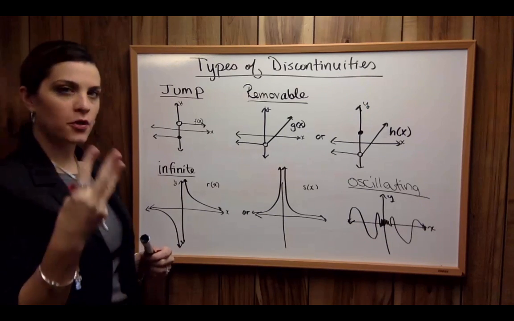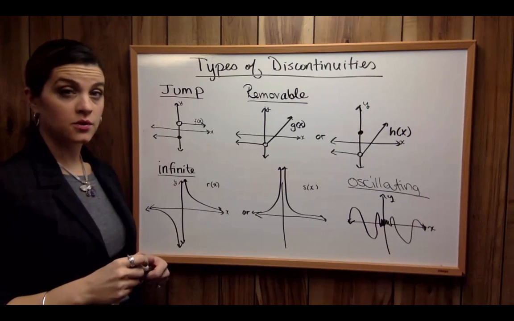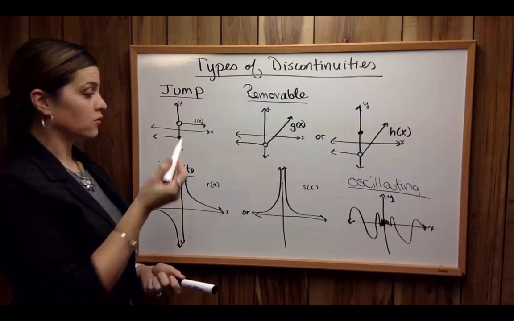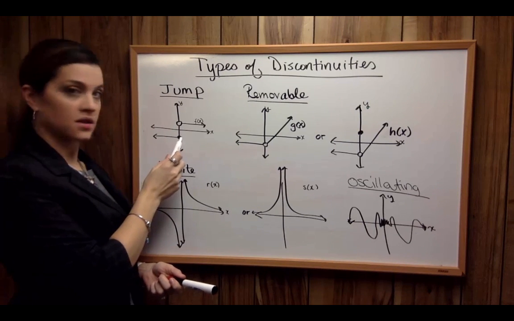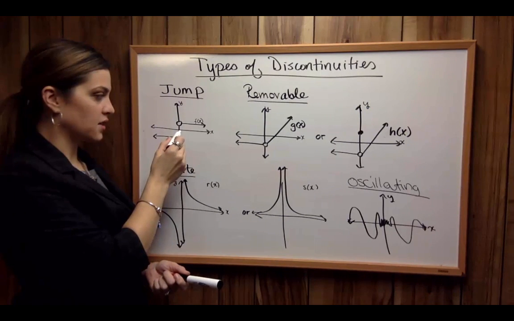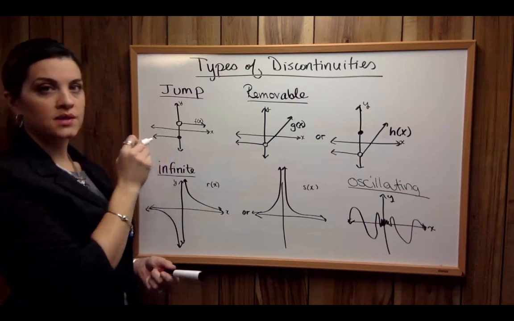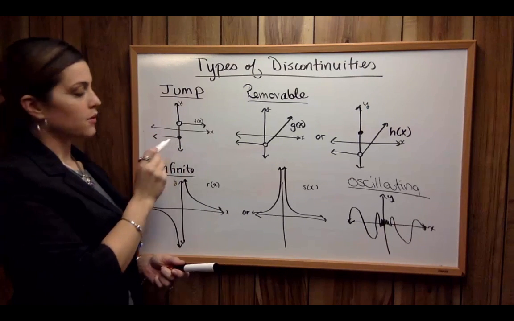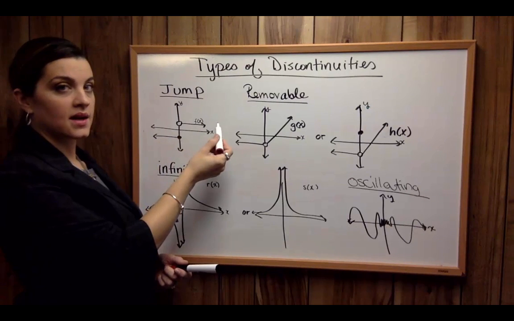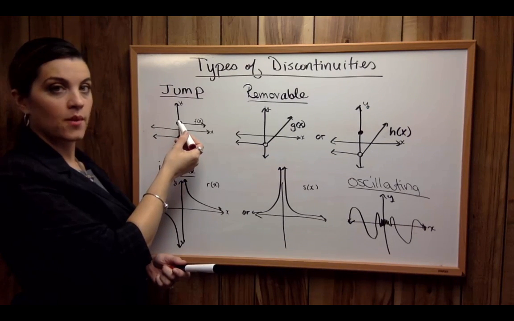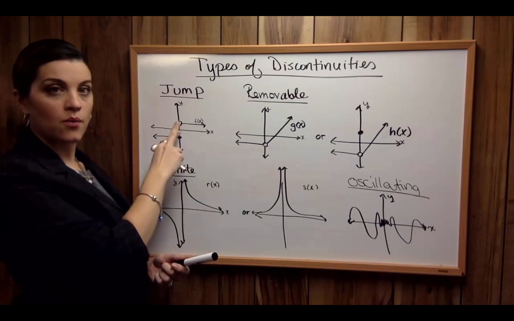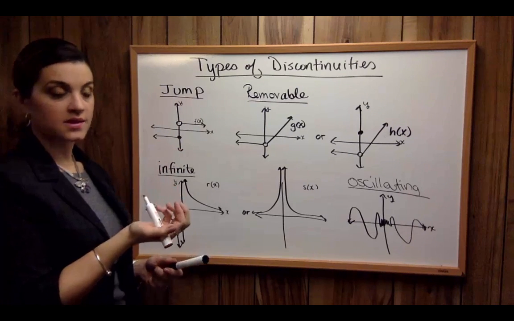Notice here which of the three laws of continuity fail. There's a value. The value is at this point. Let's say this is continuous and x is equal to 0. There's a value at 0, but what doesn't exist is that there is no limit, because the limit on the left is not equal to the limit on the right. Remember, in order for a limit to exist, both the limits on the left and the right have to be the same.